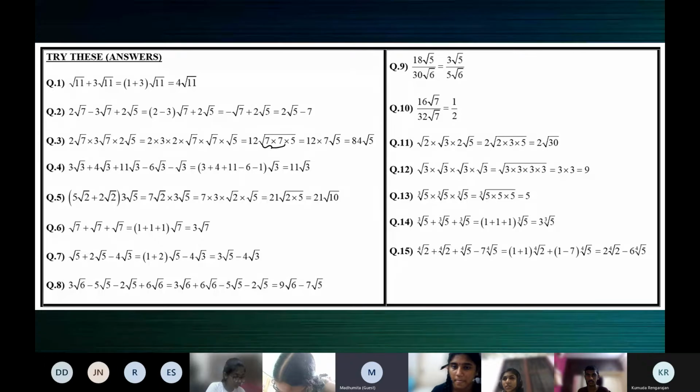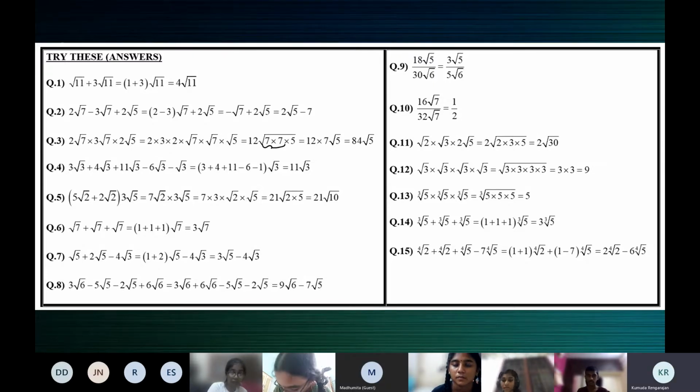Excuse me, ma'am. Yes. Ma'am, I have a doubt in the 9th one. Yes, Madhumita. Ma'am, aren't we supposed to subtract root 5 and root 6? Like 5 minus 6.